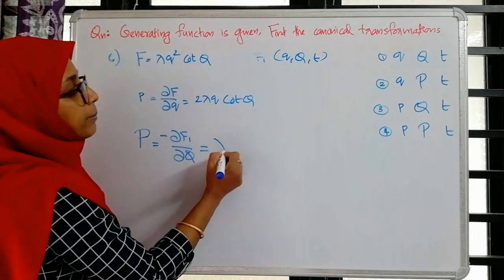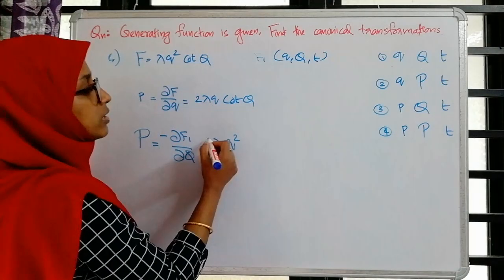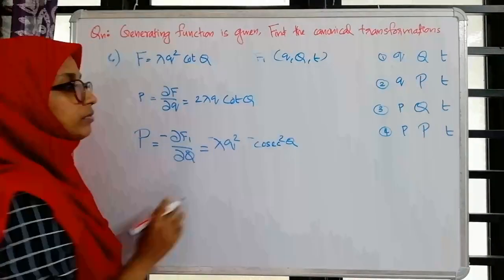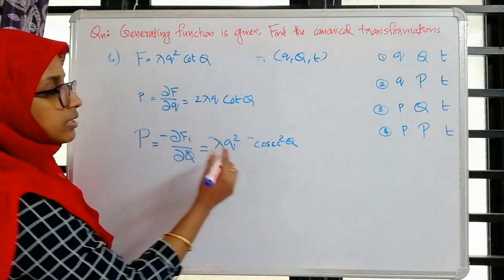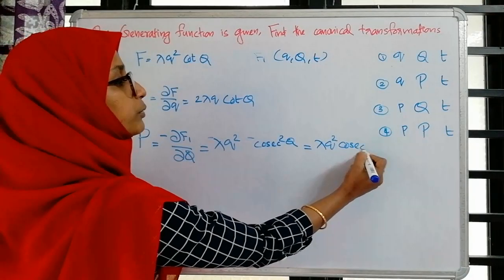From this, lambda q square is invariant, and ∂/∂Q of cot Q is equal to minus cosec square Q. That is, this is equal to lambda q square cosec square Q.